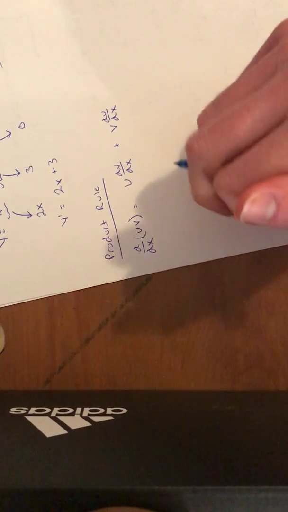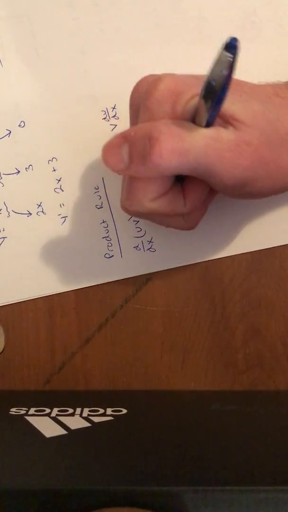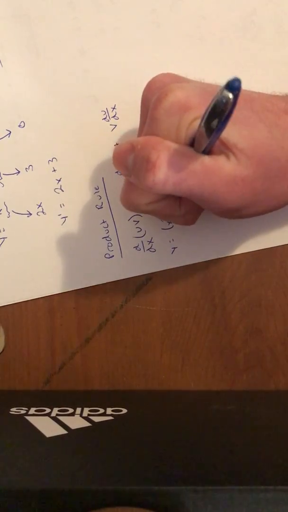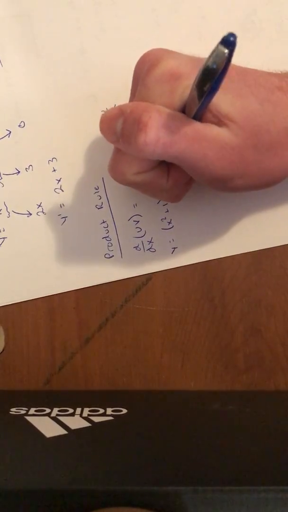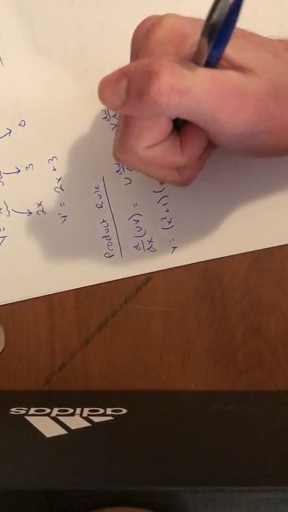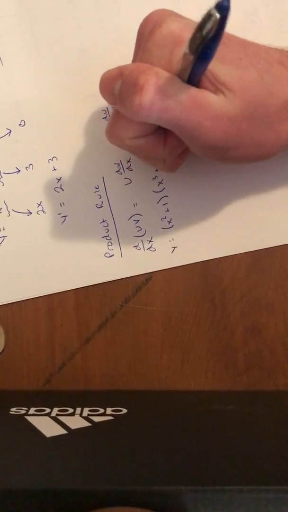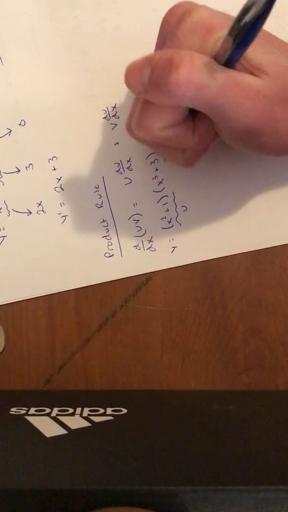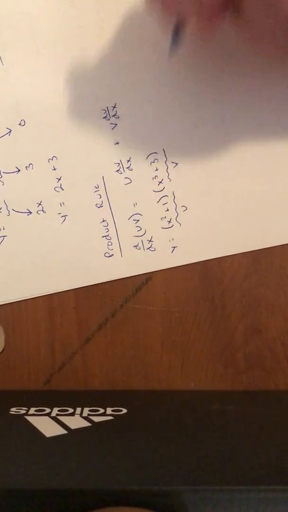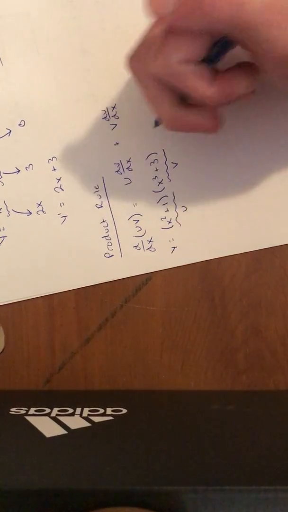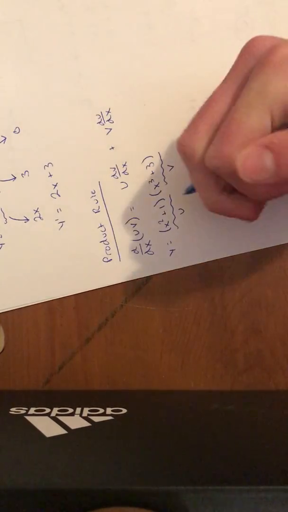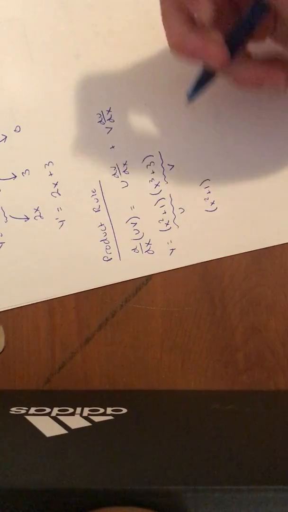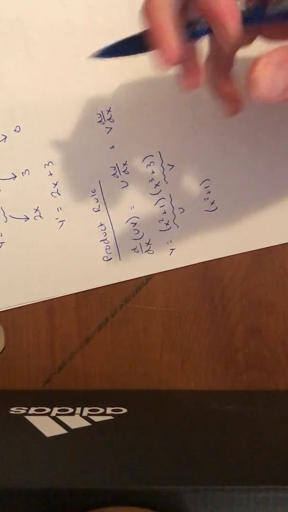So for example, let's say y equals x squared plus 1 times x to the third plus 3. This will be my u, and this will be my v. According to this formula, I'm going to take u, which is x squared plus 1, times the derivative of v.